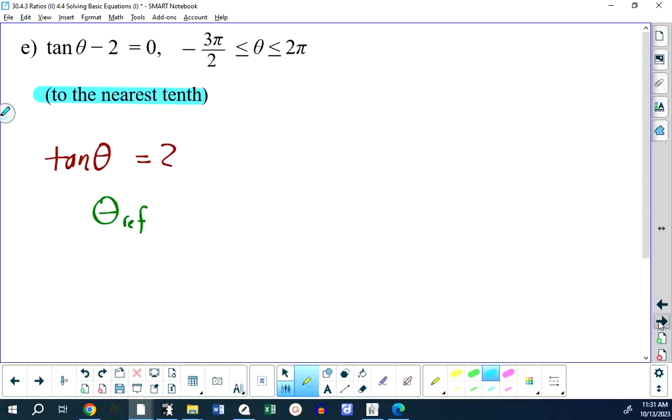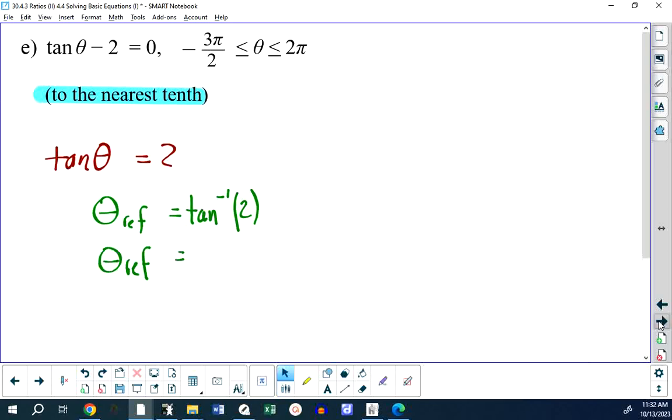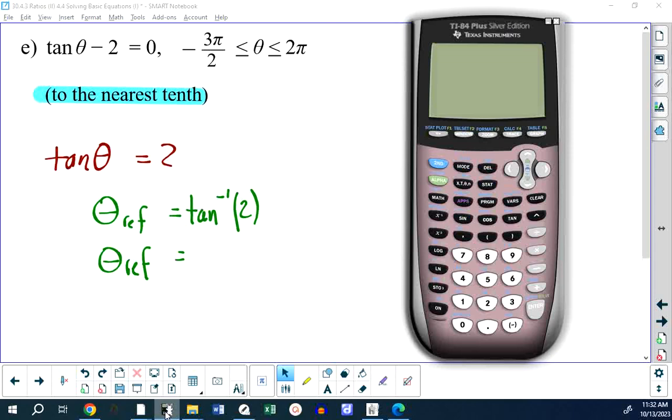In your radian mode, find the inverse tan of 2. That's 1.11 rads.